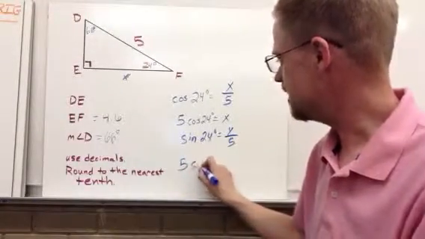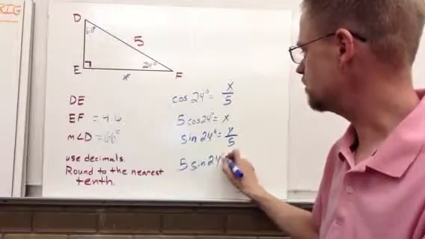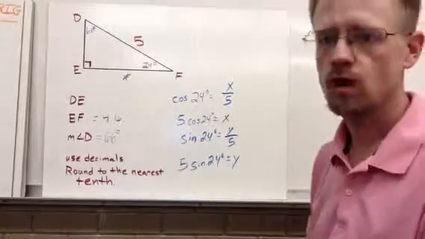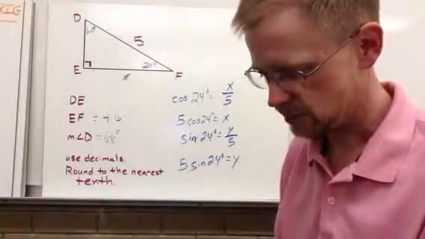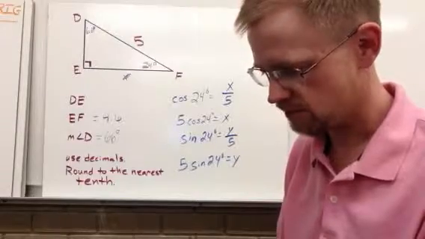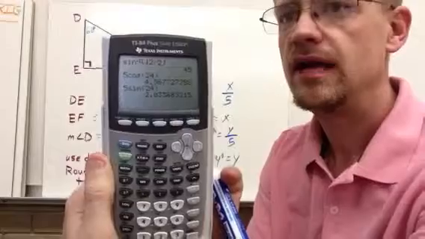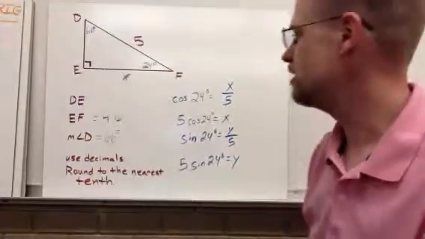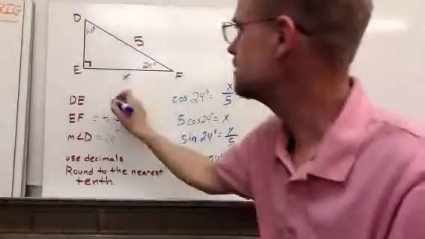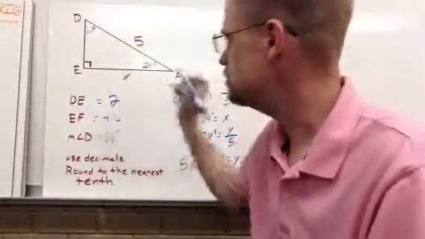So 5 times the sine of 24 degrees equals our y. I'm going to punch that in real quick: 5 sine 24. Hit enter, and we get 2.033. We're rounding to the nearest tenth, so it will just be 2.